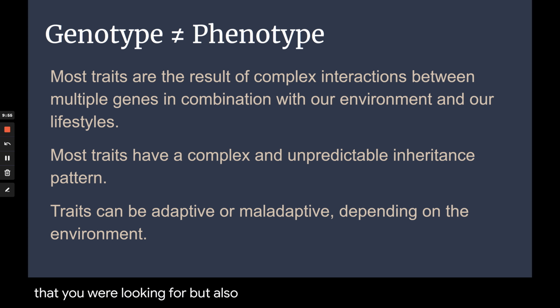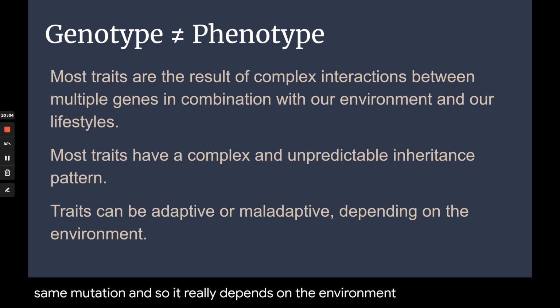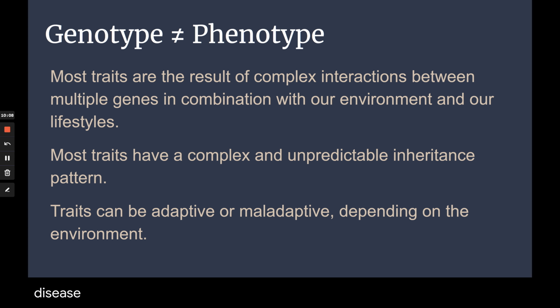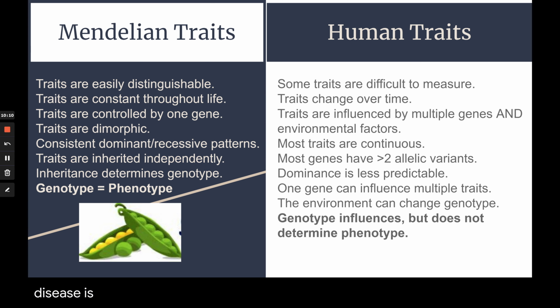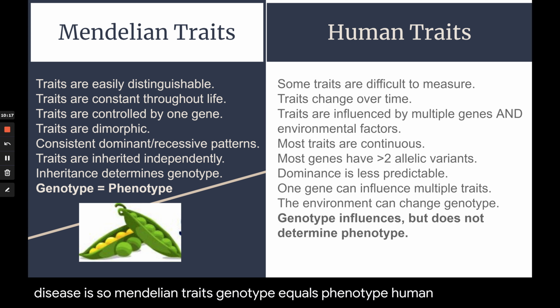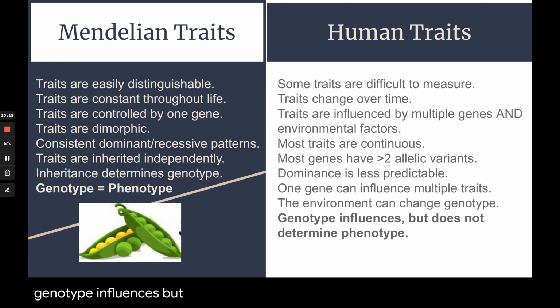But also, we see this protective factor with the exact same mutation. And so it really depends on the environment and how we define what disease is. So Mendelian traits, genotype equals phenotype. Human traits, genotype influences but does not determine phenotype.